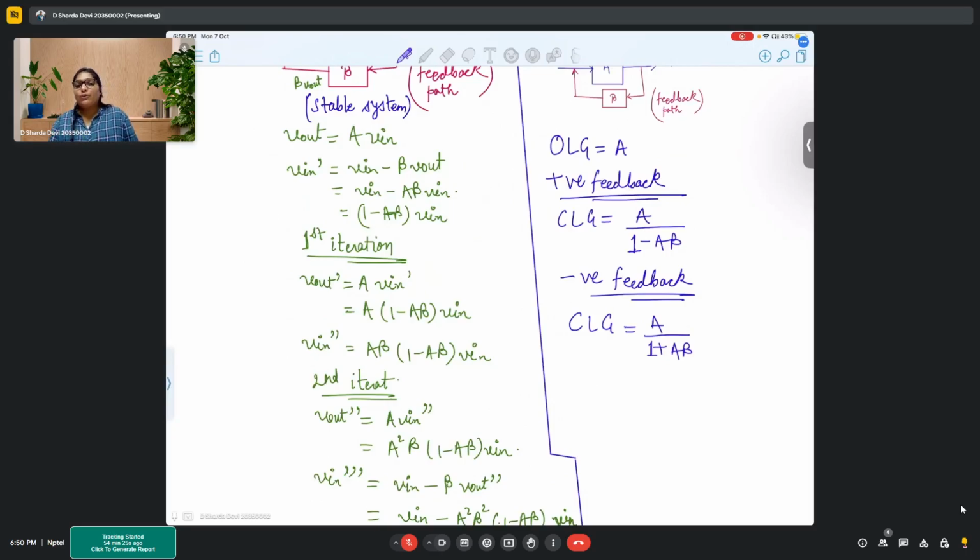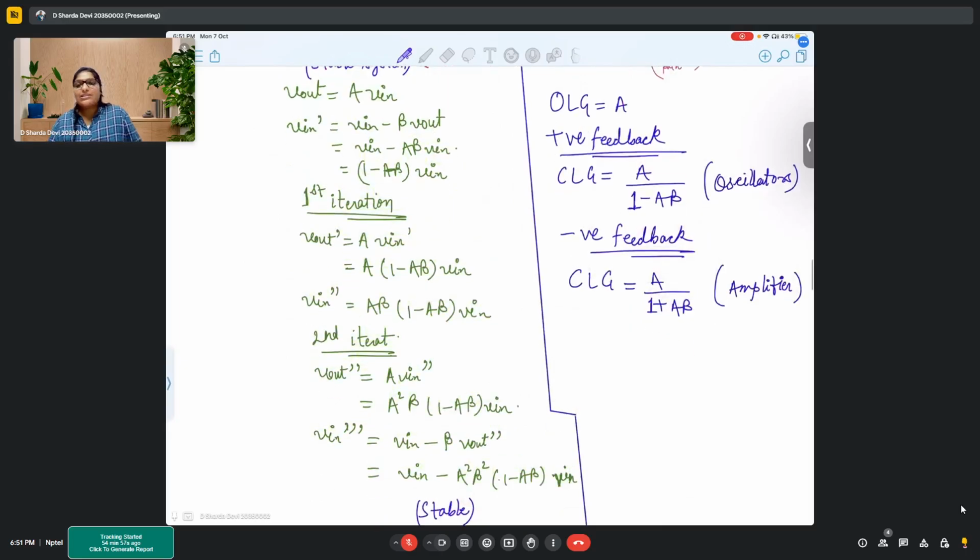But why do I want to reduce the gain of the system? So basically, you use negative feedback for amplifiers. So this is used in amplifiers. So all your advanced amplifiers have negative feedback, or to start with, even the amplifier has a negative feedback. And the positive feedback we use for oscillators.